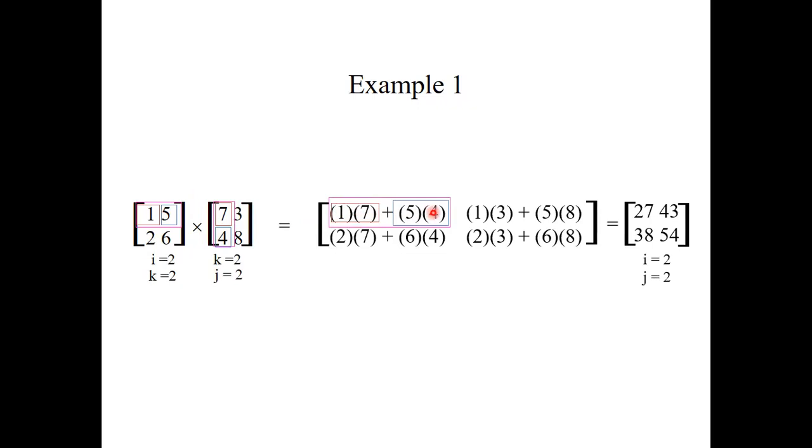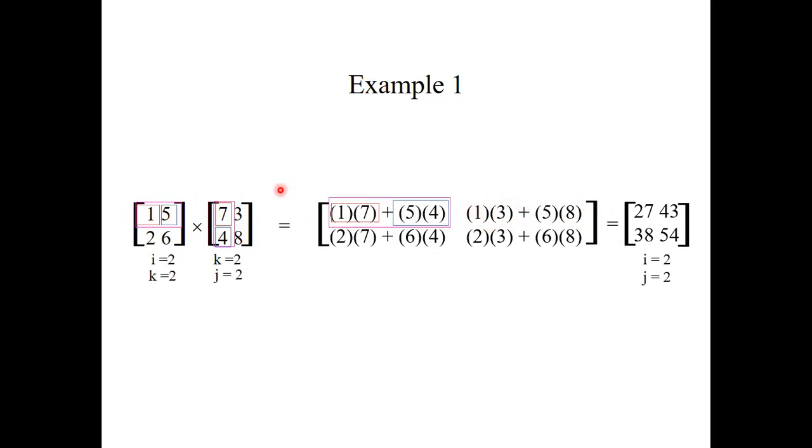And then you just continue like that. In the next step, you multiply the first row with the second column, and that gives 1 times 3 plus 5 times 8, and that gives you the second term in the first row.